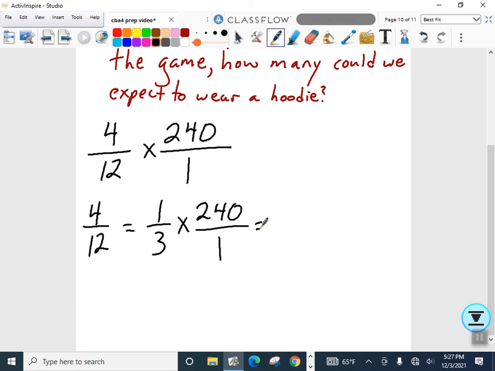So we would end up with 240 divided by 3, because 1 times 240 is 240. 3 times 1 is 3. If we do the division, we simplify this improper fraction, we would find out that 80 spectators could be expected to wear a hoodie.